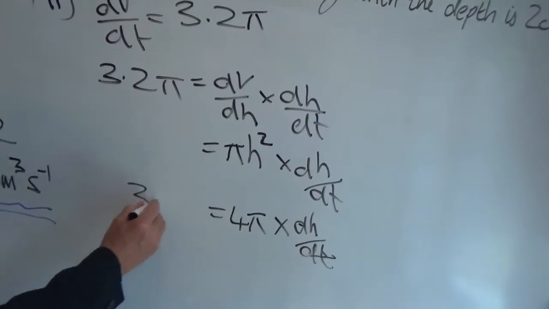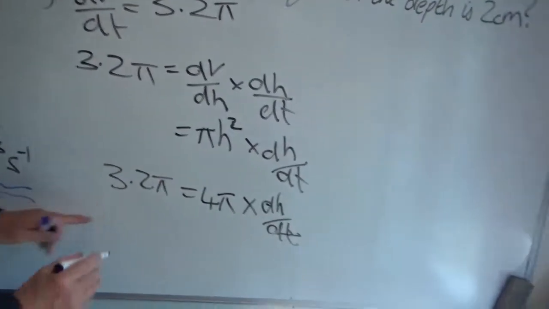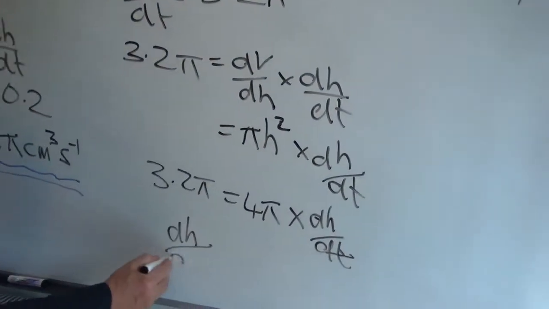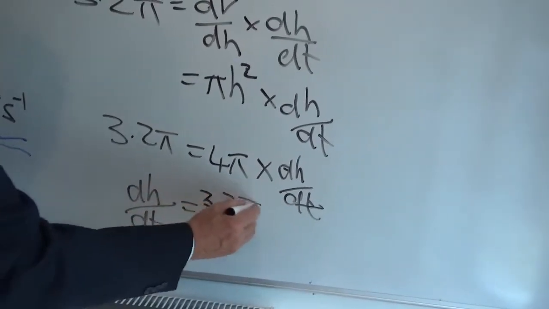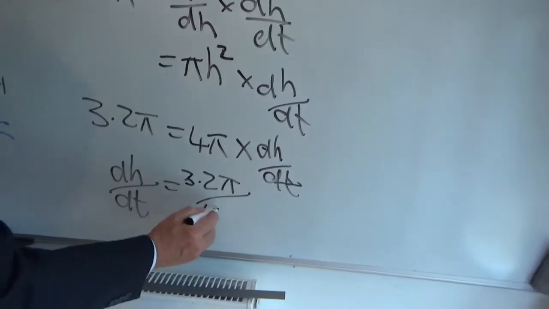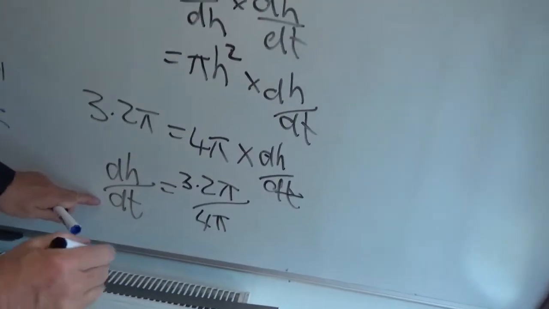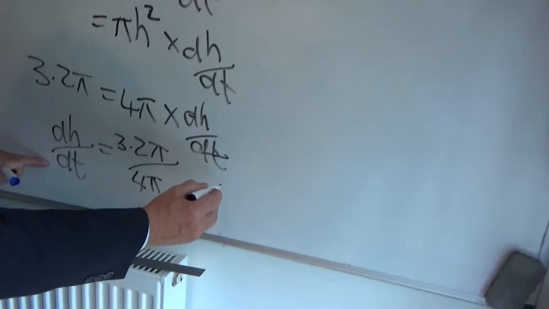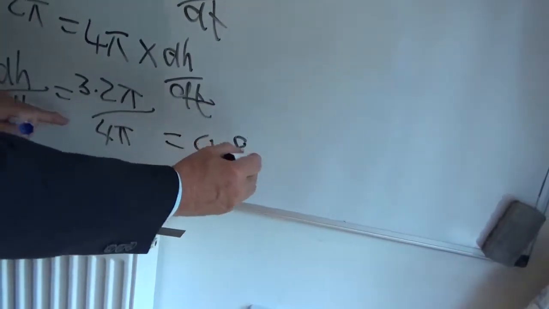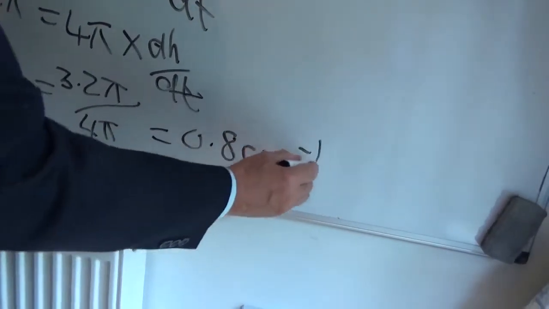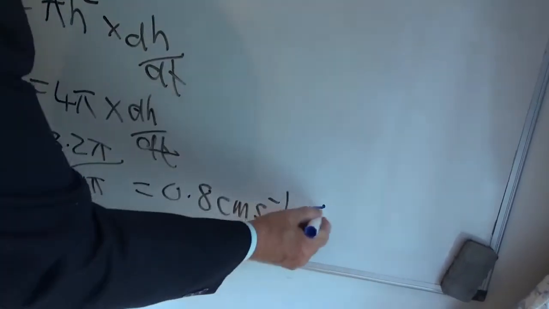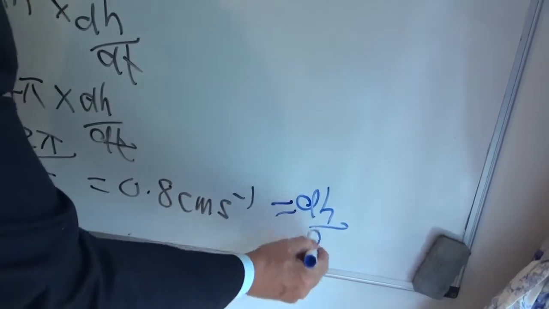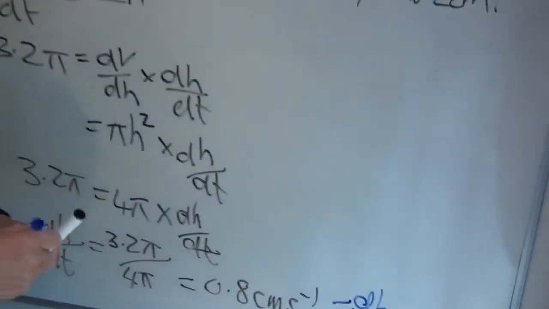That's 3.2 pi, and a little bit of rearrangement gives us dH/dt equals 3.2 pi over 4 pi, and that equals 0.8 centimeters per second, and that, I will emphasize, is dH/dt, which is the answer to part 2.